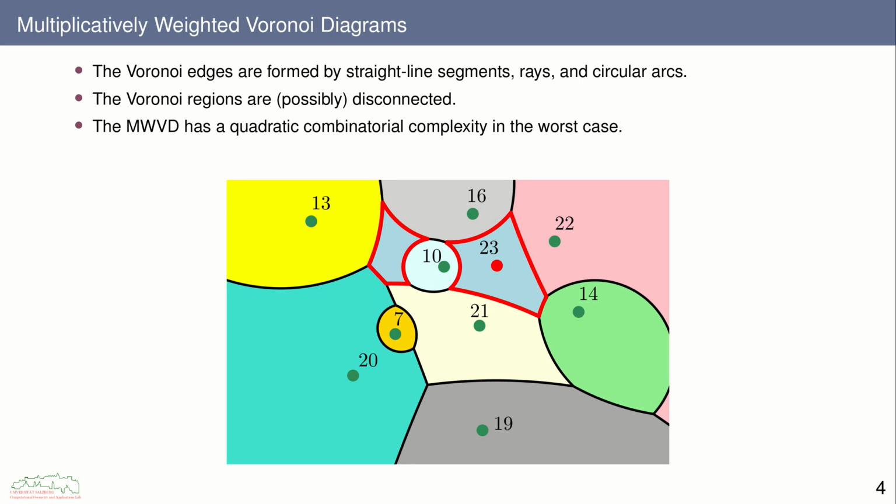And even worse than that, one can show that every Voronoi region may consist of up to linearly many connected components. Therefore, the multiplicatively weighted Voronoi diagram has a quadratic combinatorial complexity in the worst case. In our example, the Voronoi region of the site with weight 23 consists of several disconnected components.